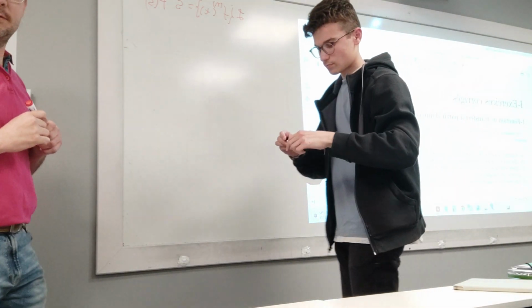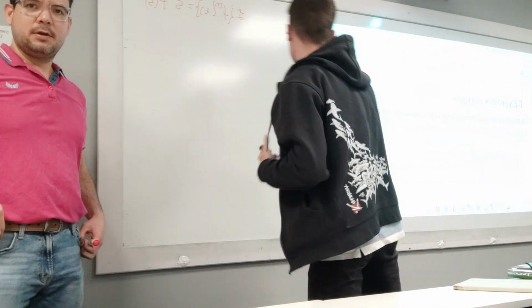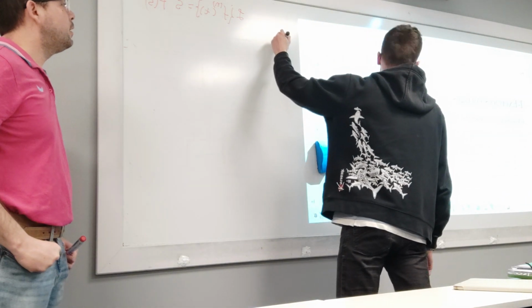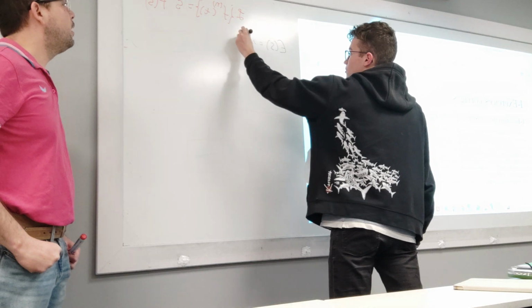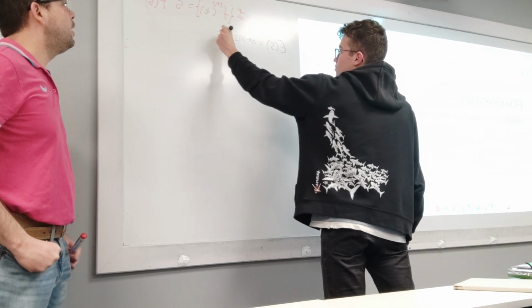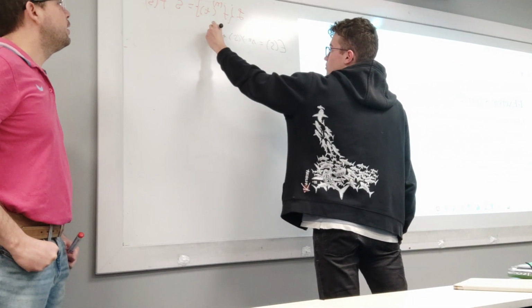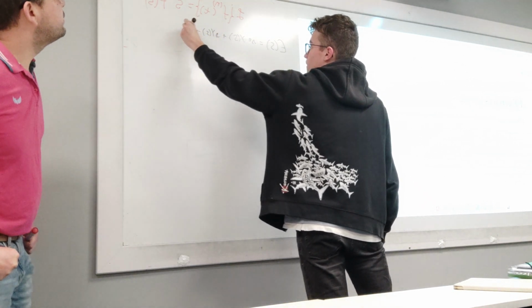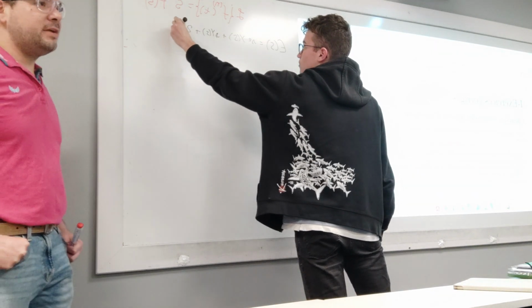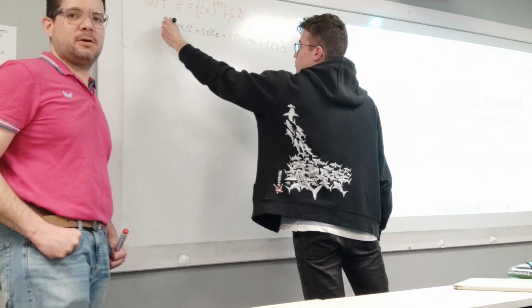So based on that, he's applying the formula term by term, the identity term by term.